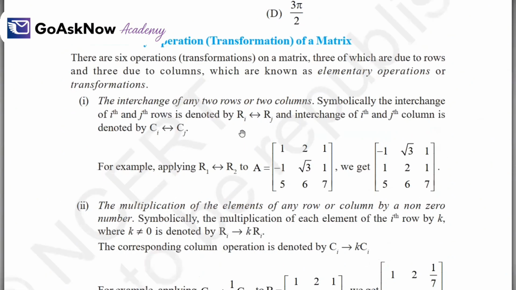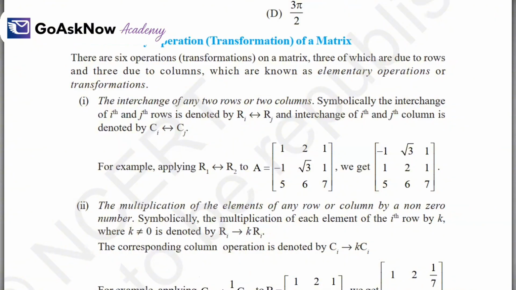The first is the interchange of any two rows or two columns. Symbolically, the interchange of the ith and jth rows is denoted by Ri changing to Rj, and the interchange of the ith and jth columns is denoted by Ci changing to Cj.